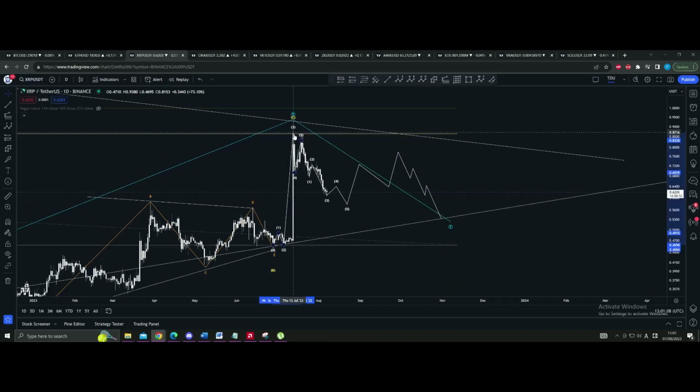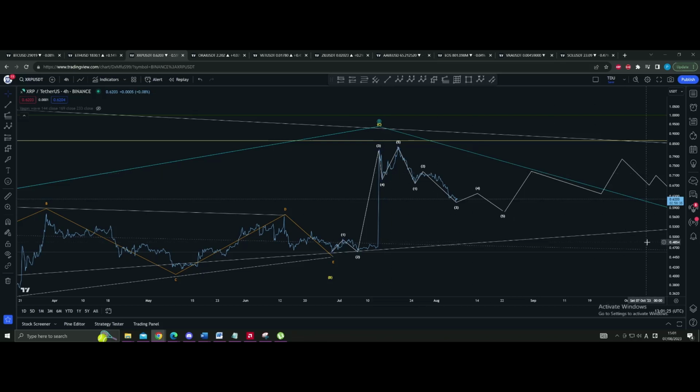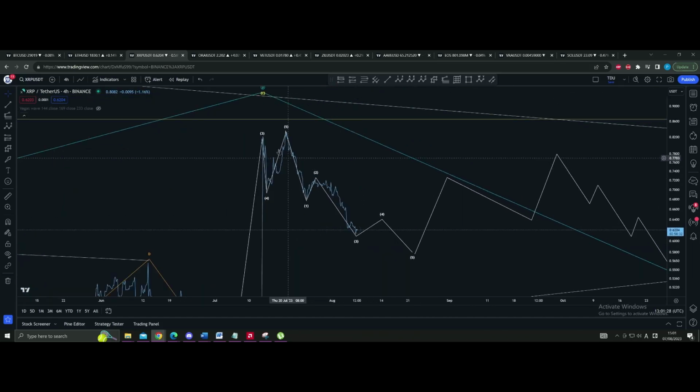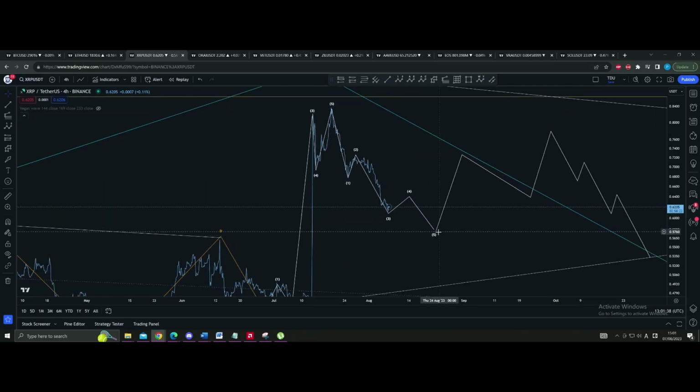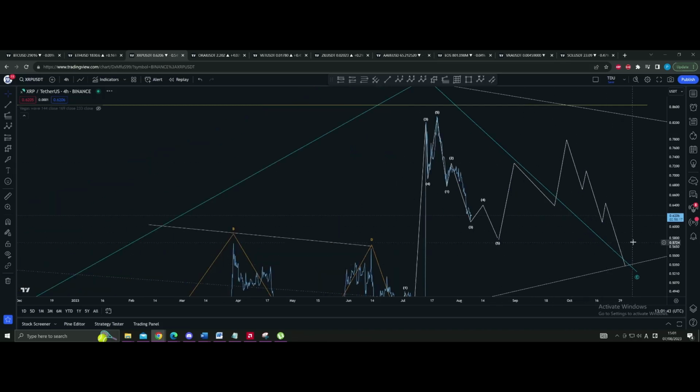So here, why I label this in this manner with 1, 2, 3, 4 and truncate the 5, because if you put 4 hours, for example, and you turn on the line chart, this makes a bit more sense, because if you end your impulse there, then this will make perhaps more sense, that we're forming some sort of an impulse that needs to be corrected by a 3-wave move, and then we end with the 5.